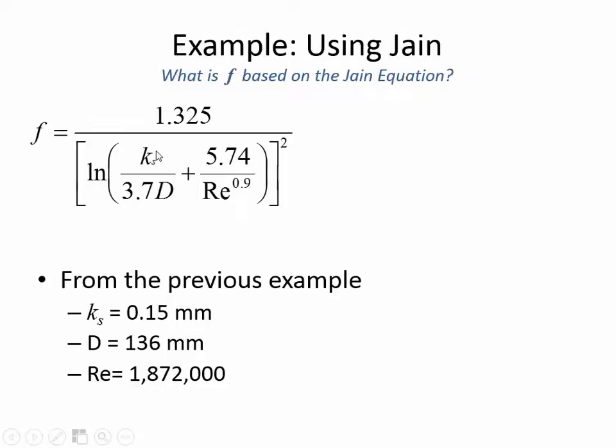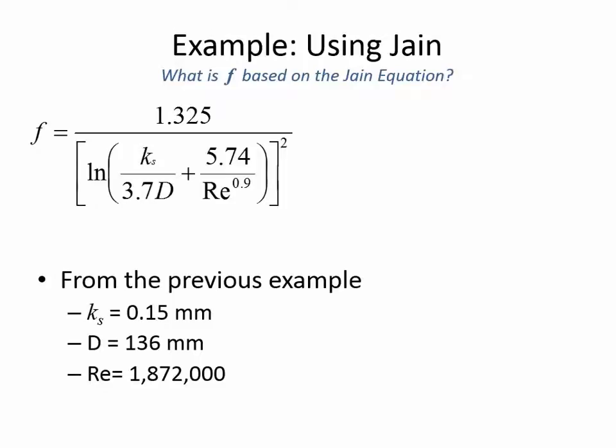And we're getting close to that range here. Of the two terms we're going to be adding together, the bigger number comes from the first term, the k sub s to d term, rather than the Reynolds number term. So back to the main point of the example: how close are these two values? Well, we're right in the range that we should be.